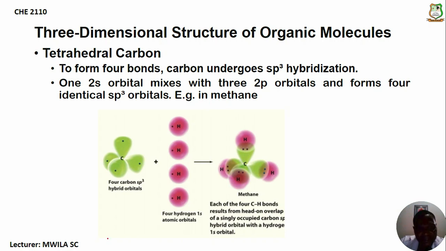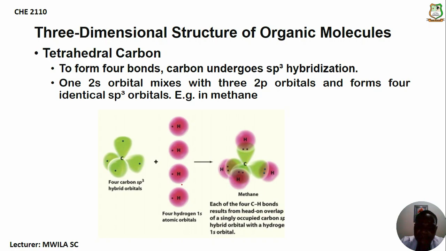In methane, in the excited state, during hybridization, this is what we are going to see here: four carbon sp3 hybridized orbitals, joining of course with the hydrogens.